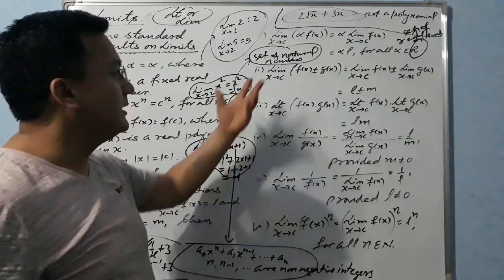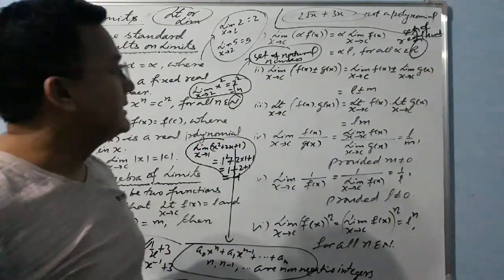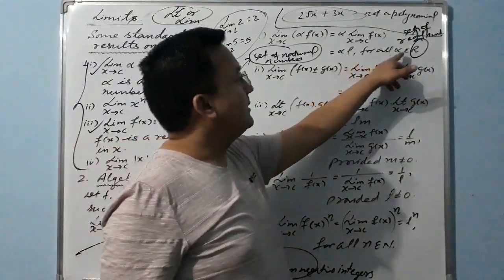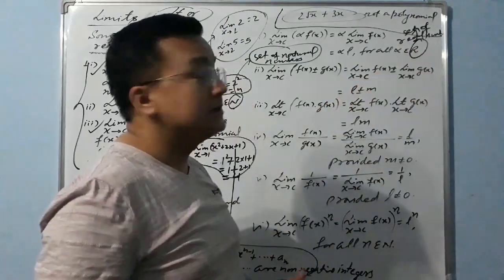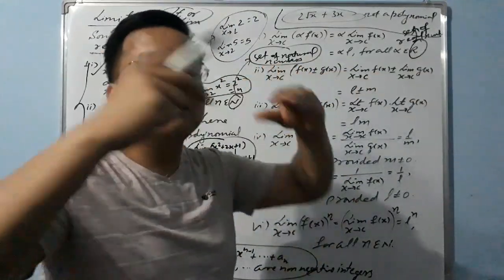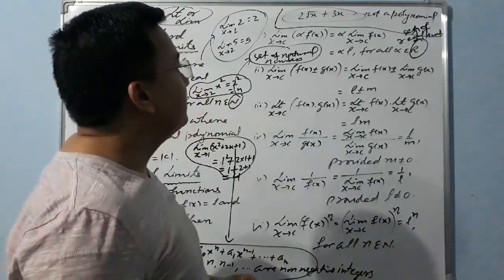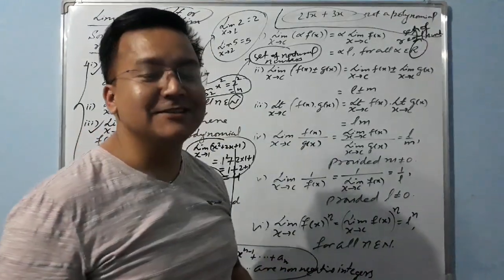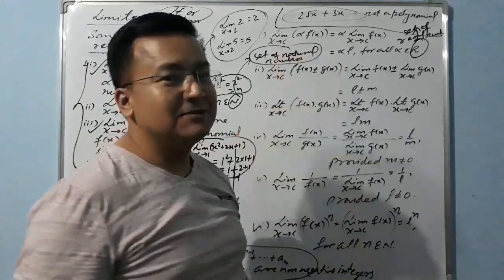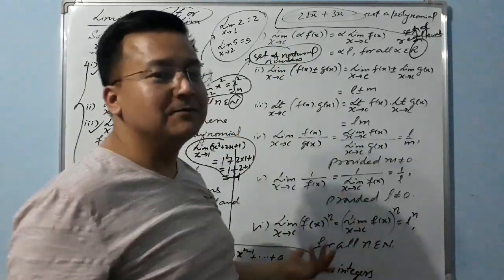It's alright, you can understand. I'm explaining: for all alpha belongs to R, R means set of real numbers. Your alpha may be any real number between minus infinity to infinity, except zero. If alpha is zero, then it is going to be zero totally, and limit of zero is zero.